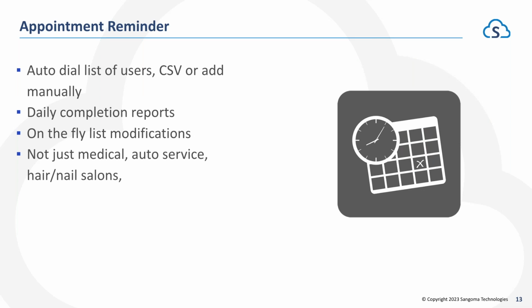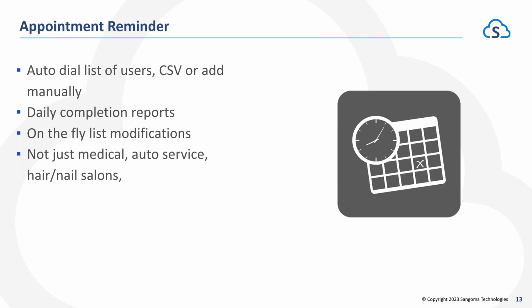Appointment reminder. So appointment reminder is a really useful commercial module. Oftentimes it gets thought of as something that can only be used in medical doctors or dental offices, but this is a very popular module for auto service centers or beauty salons, anybody that's got a book of business that is based on managing appointments with their customer base.